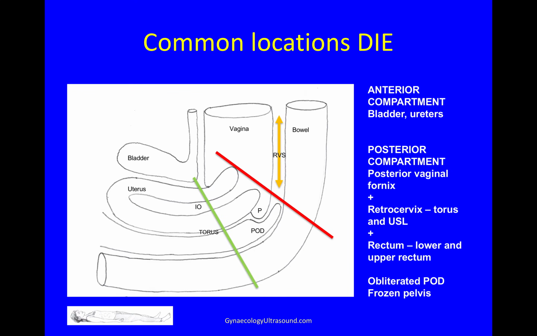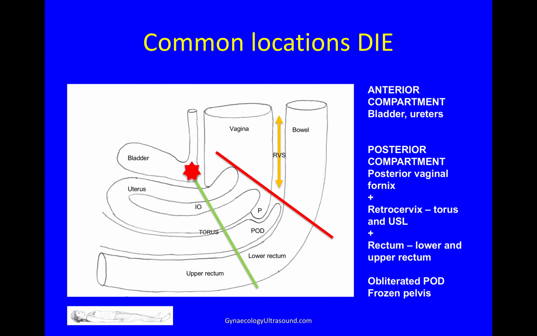And this underneath is the pouch of Douglas. And this is peritoneum, which dips down to about the level of the external cervical os, and then of course covers the back of the uterus and the bowel. This green line showing you where the torus is divides the bowel into lower rectum and upper rectum.